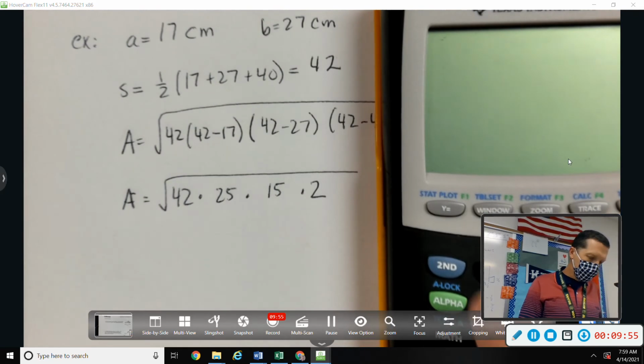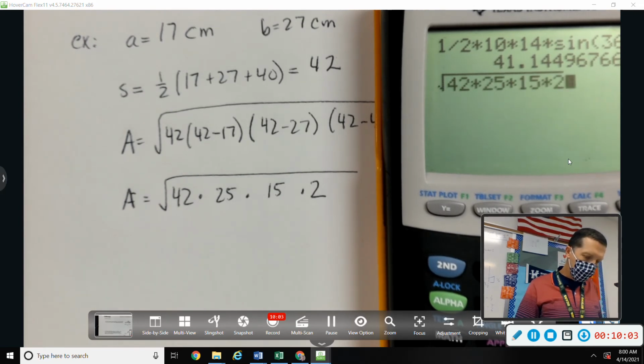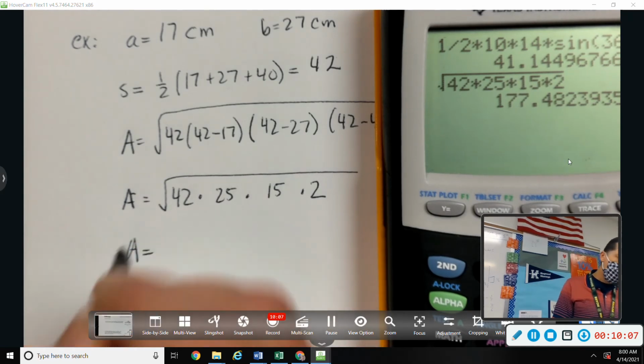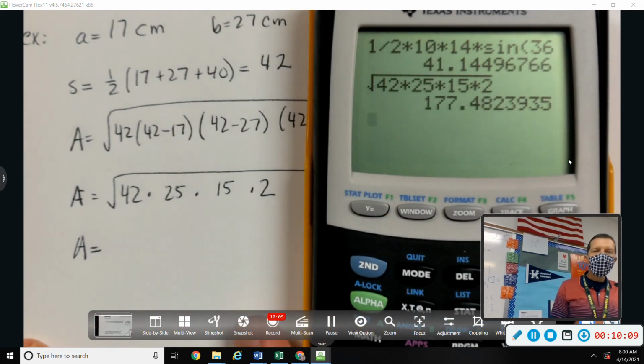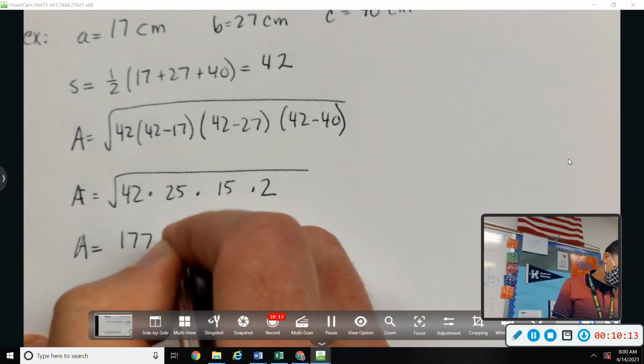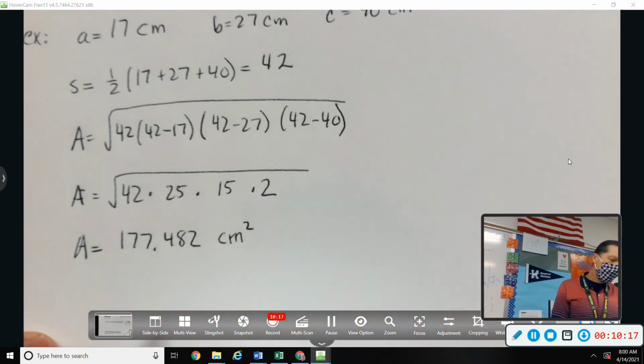Square root of 42 times 25 times 15 times 2. That's 177.482, and we were in centimeters, so centimeters squared.